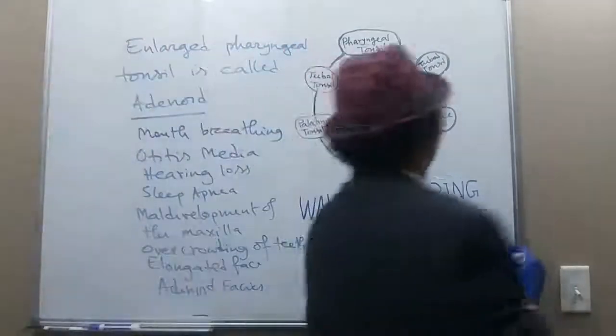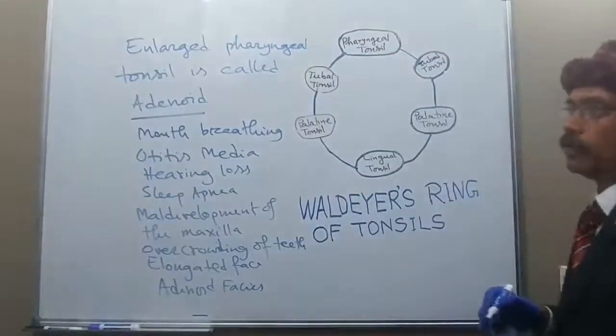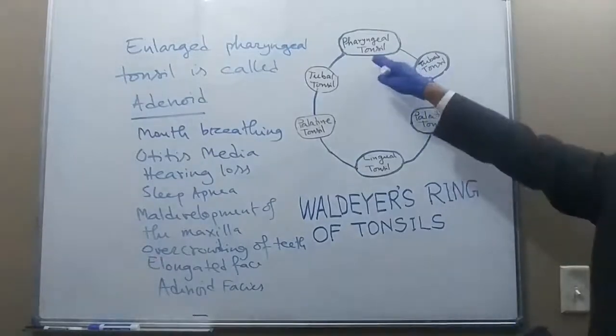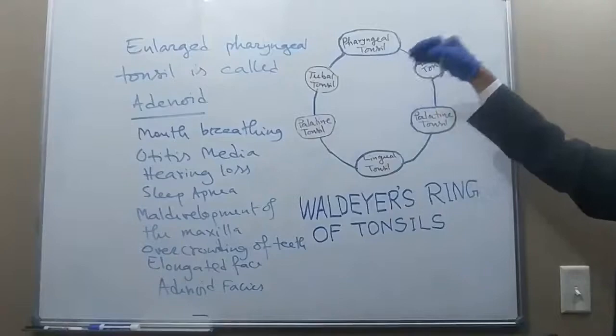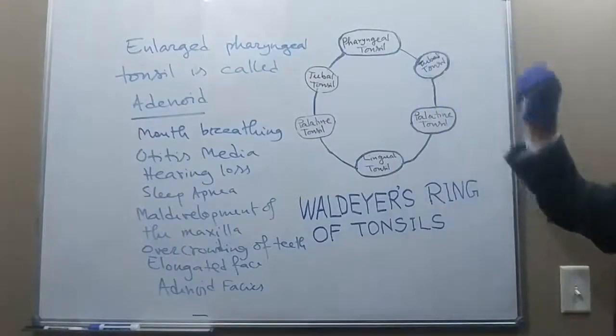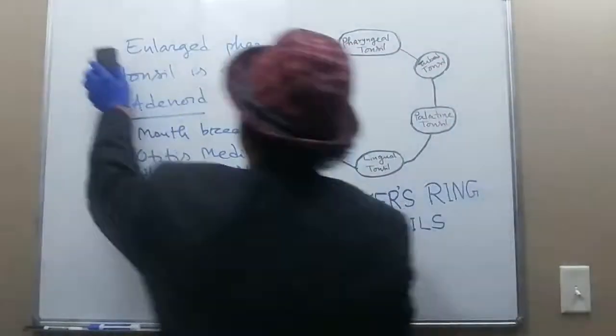So we got the possible complications of adenoid, that is, enlargement of the lymphoid tissue in the posterior superior part of the nasopharynx.